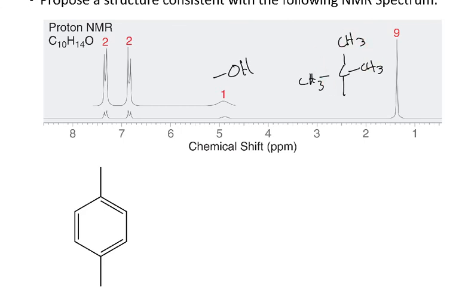So I think the most likely structure then is on one of the substituents, I have the t-butyl group, and then on the other substituent, I have the OH.